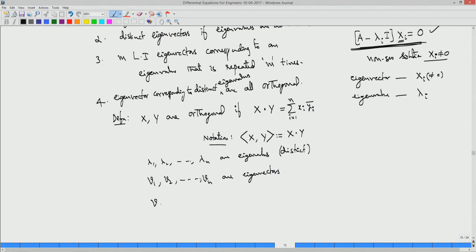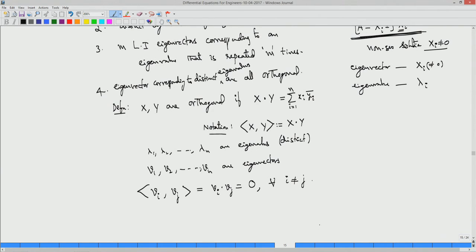That means you take any Vi dot product with Vj, which is Vi dot Vj, and it is 0 for every i not equal to j. That is the meaning. This is the property, you can write it as property 5.